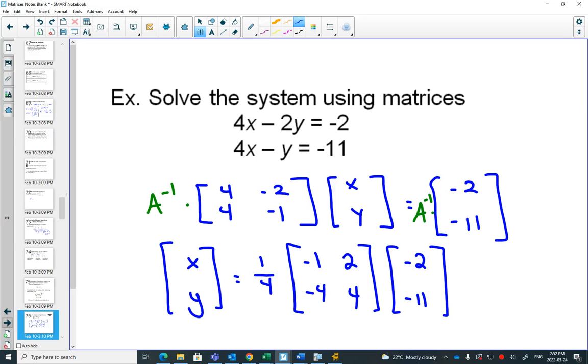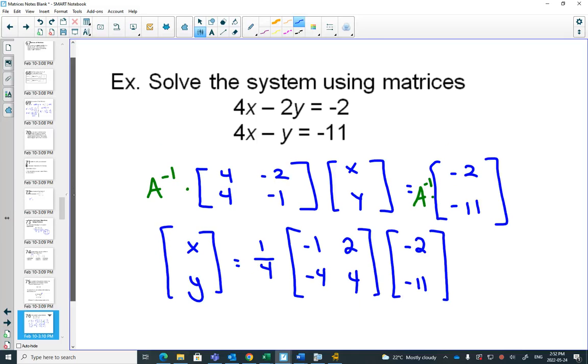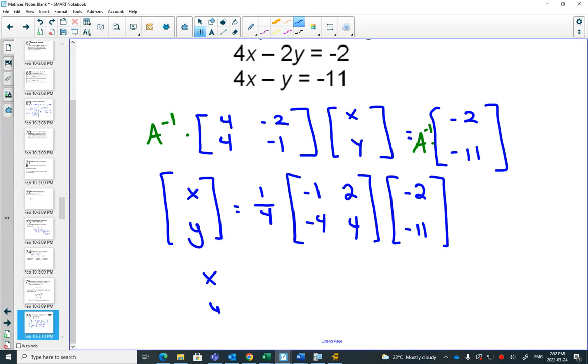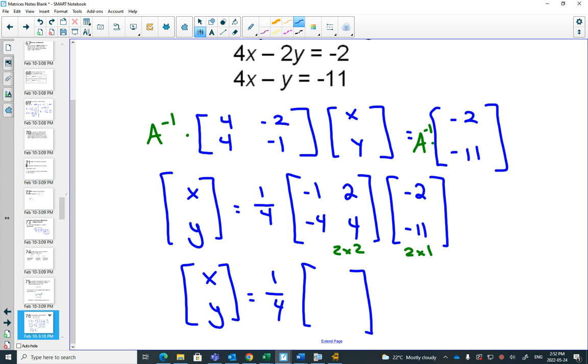Multiplied by negative 2 and negative 11. Now, personally, I like to keep that fraction of 1/4 out in front. If I would take these two matrices and multiply them, I have a 2 by 2 multiplied by a 2 by 1. My answer will be a 2 by 1.